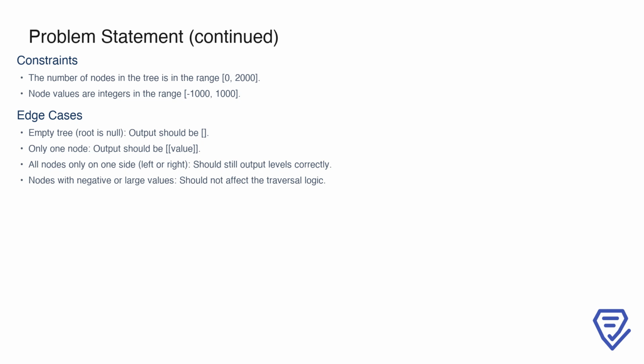For trees that are skewed to one side, such as all left children or all right children, the levels should still be output in the same grouped fashion. Node values can be negative or extend across the entire allowed integer range, but that does not impact how you traverse or group the values. Carefully accounting for these situations ensures that your solution handles all scenarios robustly.